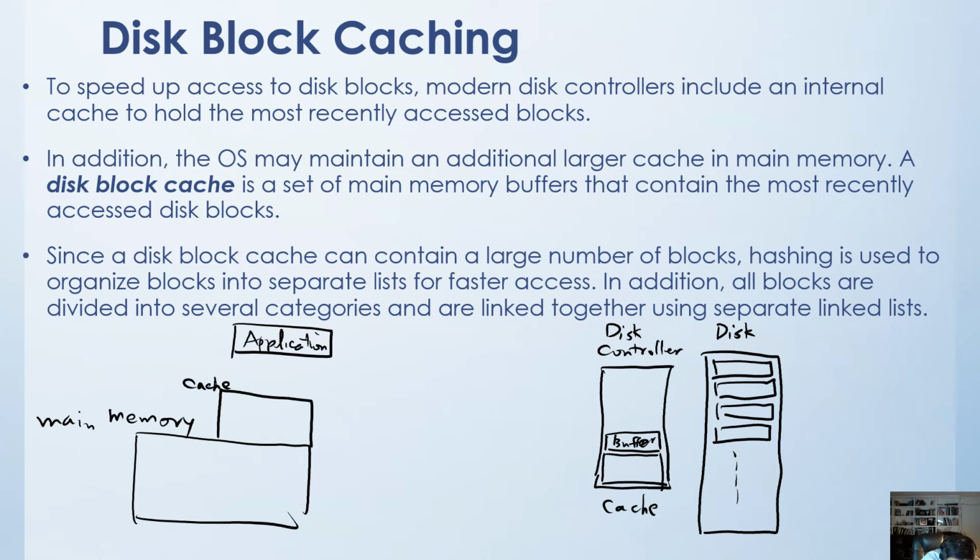Now, when the application wants to access disk space and copy some blocks into the memory, the application first triggers the disk driver. It's a piece of software that operates the read and write on the disk, right?